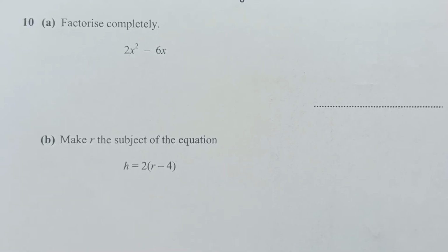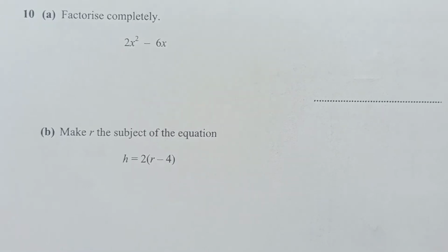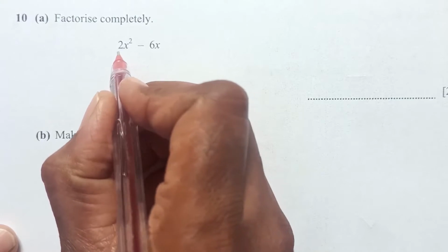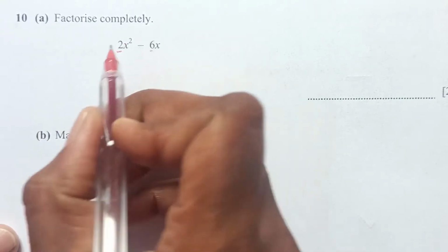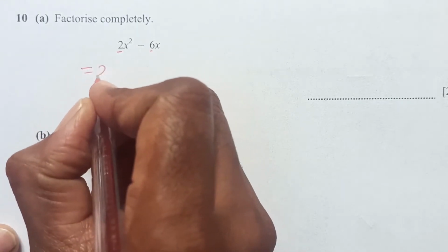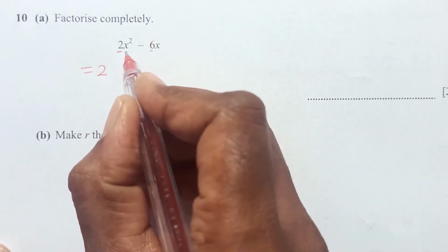Here is another question, factorize completely. To factorize, you need to look for the numbers. Now we have numbers 2 and 6. Out of these we have 2 common, right? And then we need to look for the variables.